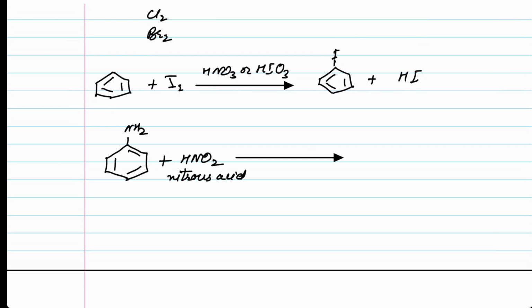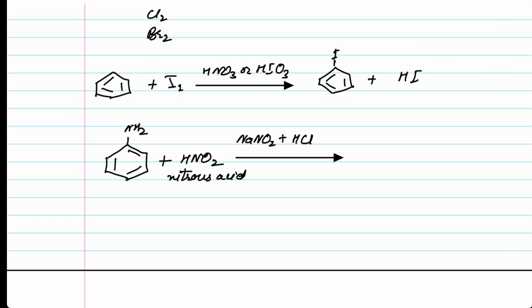In fact, nitrous acid is being prepared right in the reaction mixture by reaction of NaNO2 with any strong mineral acid. Mostly that strong mineral acid is HCl. We can use H2SO4 also here in this reaction. We can even use HNO3, but most often the acid which is used is HCl. It's a strong acid and it's also not an oxidizing or a reducing agent in any case. So here we have NaNO2 and HCl.